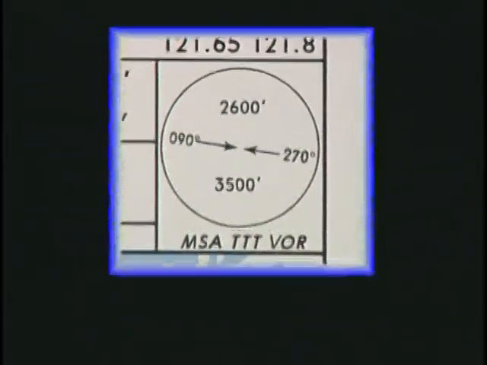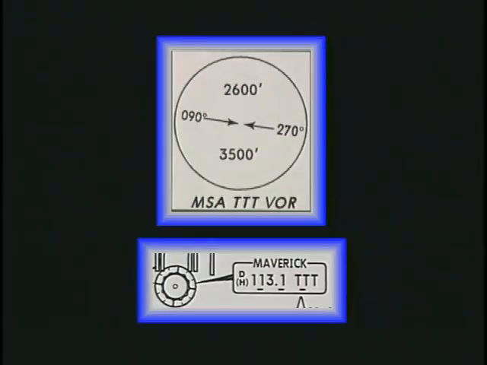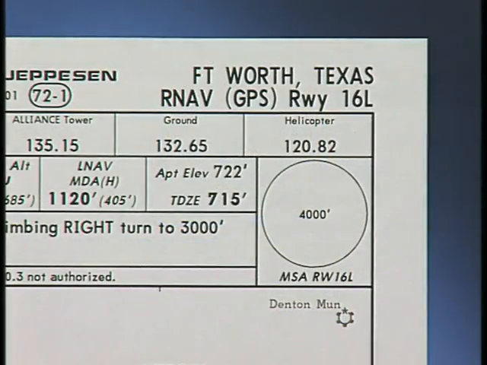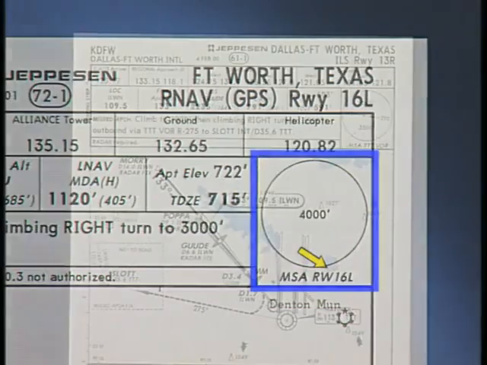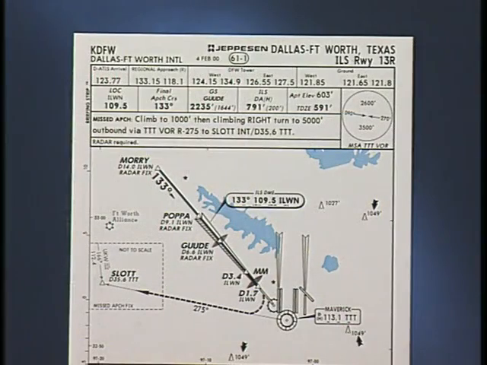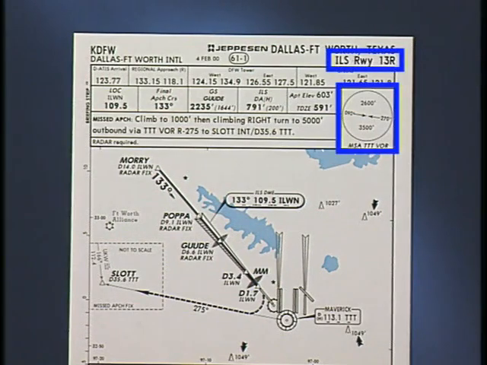Normally, the MSA is based on the primary nav aid on which the IAP is based. For RNAV and GPS approaches, however, the MSA is based on the runway waypoint, airport waypoint, or the missed approach waypoint. It is important to note, however, that if the primary navigation facility for the approach does not provide full azimuth reference information, such as an ILS, the minimum safe altitude is based on the primary omnidirectional facility in the area.